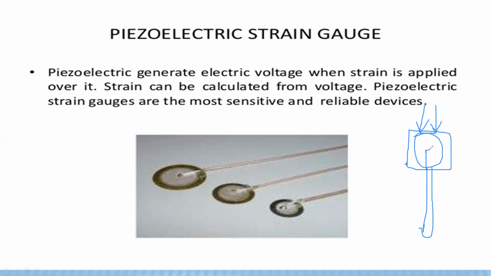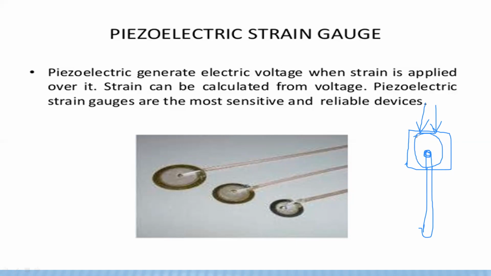This piezoelectric strain gauge is manufactured with an electrically conductive material, and it passes electricity. Okay, and the piezoelectric circuit is also placed in this strain gauge. So it will generate the voltage whenever we apply the loads on this object. Automatically it is elongated, and the change in the length of the object varies.